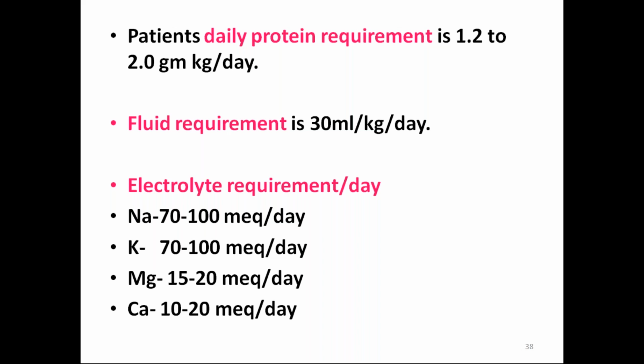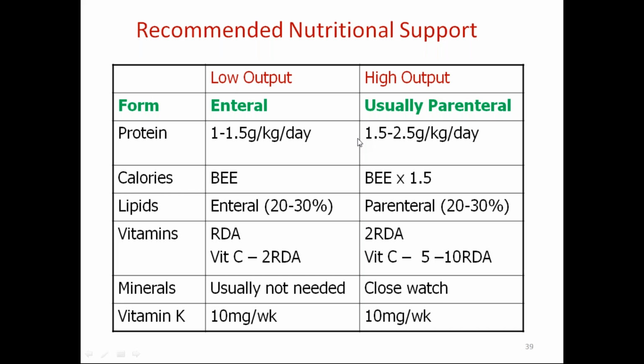And for electrolyte requirement, other than normal, we have to give sodium 70 to 100 milliequivalents, potassium 70 to 100 milliequivalents, magnesium 15 to 20, and calcium 10 to 20. The recommended nutritional support is protein 1 to 1.5 gram per kg per day, and usually for parenteral we give 1.5 to 2.5, so we have to give more for parenteral, and calories based upon the type of output.